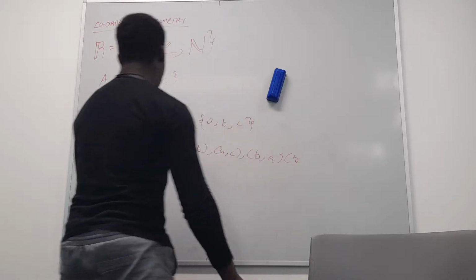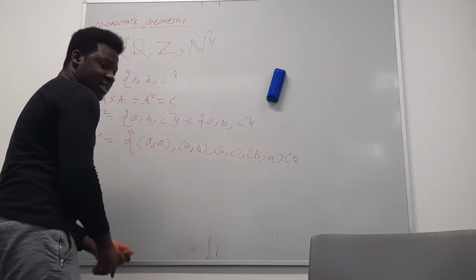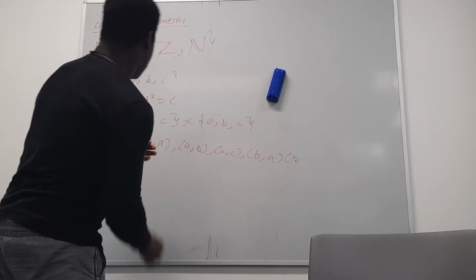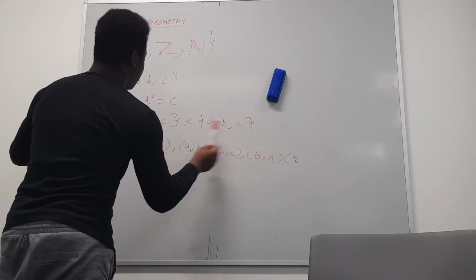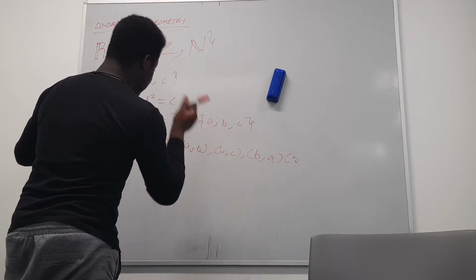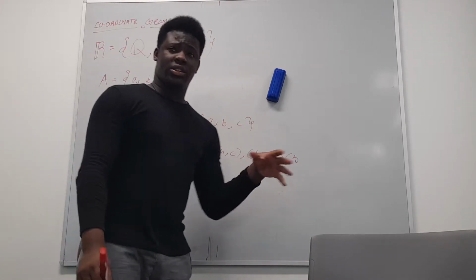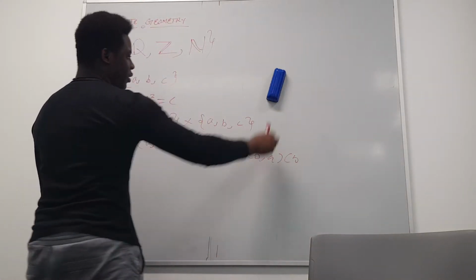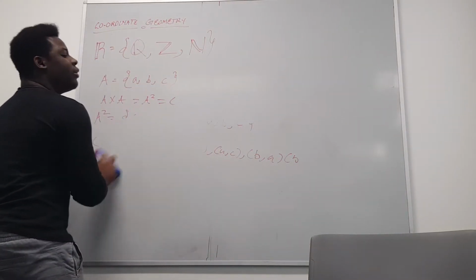I hope you see the idea. I could have just done 2 elements in the set, you have the same thing here. So you have BA, BB, and BC. And you have CA, CB, so on and so forth. So that's the case. I hope you get the idea though.